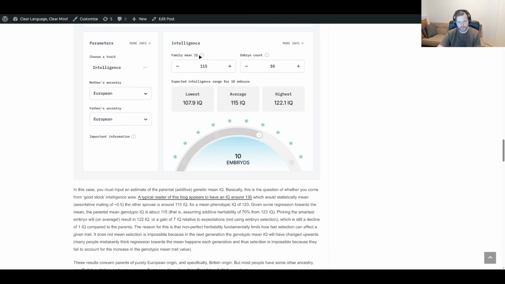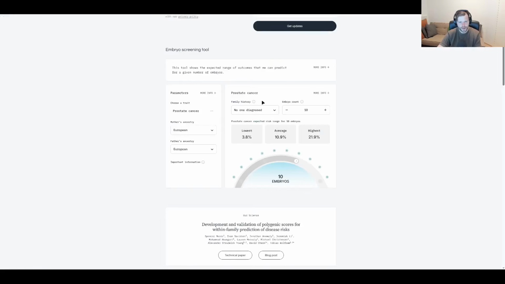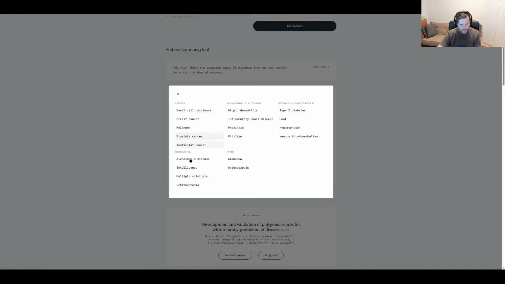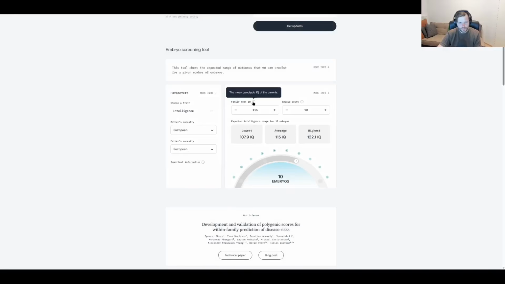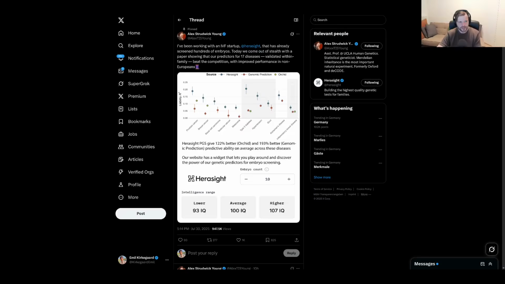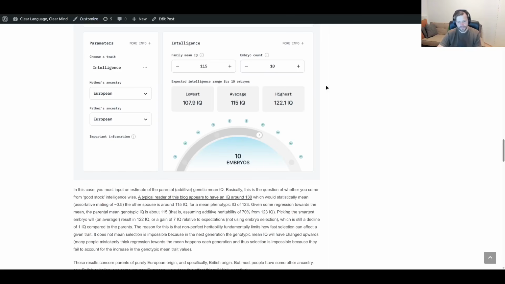Then what we really want is the family mean IQ from the genotypic one. It doesn't say genotypic, but if you use the mouse over, it says it. Whoops, we have to use intelligence, the mean genotypic of the parents, right? So that's the most important thing, because there will be some regression towards the mean, because one of the reasons that a given person deviates so much from the average IQ or height or any other trait is just that they were lucky.